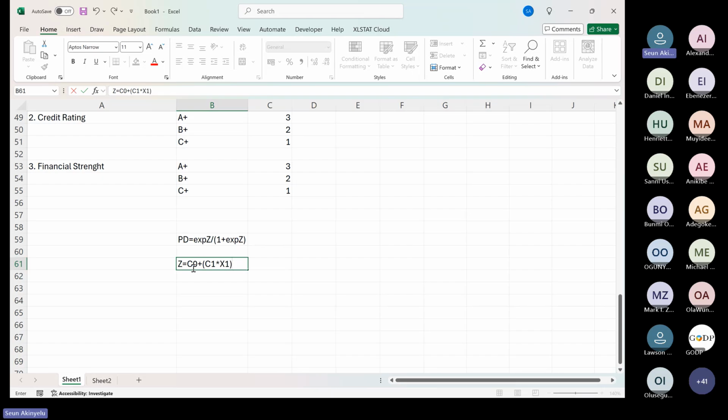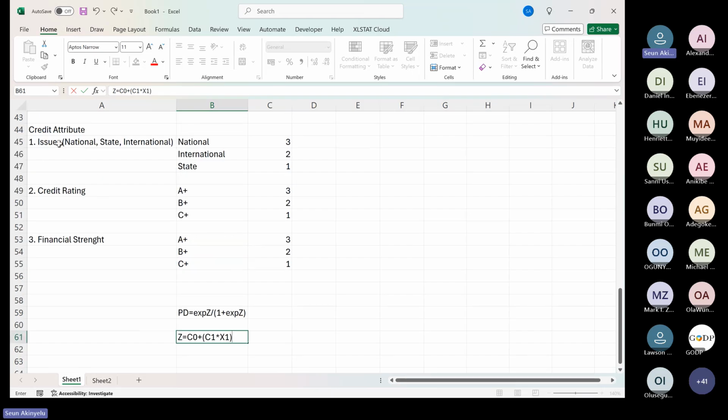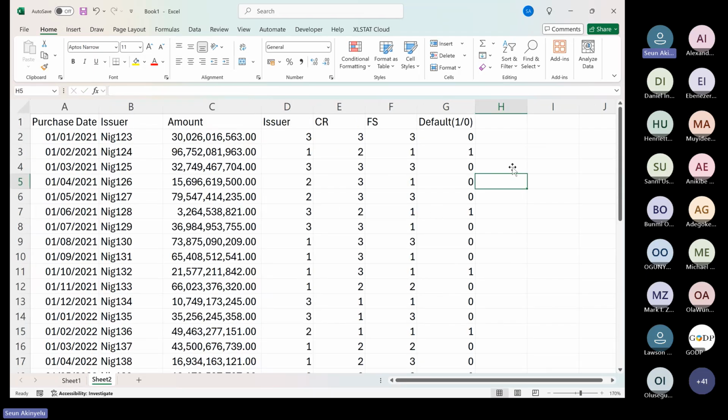Variable 1 in this case is score of issuer, plus coefficient 2 times variable 2. Variable 2 in this case is credit rating, plus coefficient 3 times variable 3. Variable 3 in this case is actually financial strength. So let's go back to here.